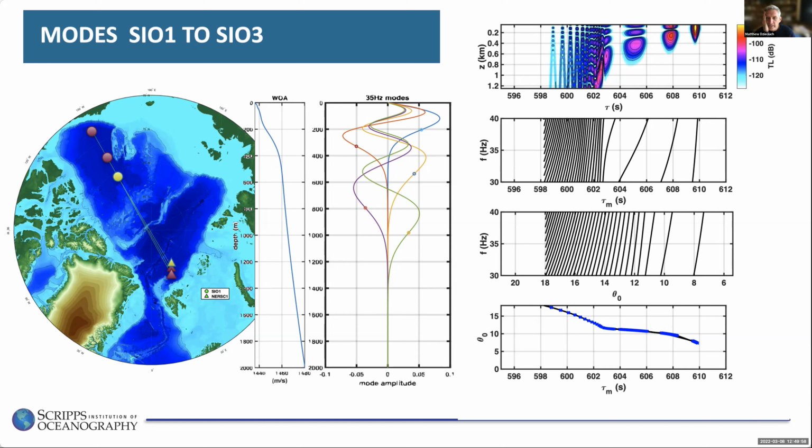The modes are standing waves in the vertical, but they propagate horizontally with a particular horizontal wave number. The middle 2 panels show how the travel time, which is related to the group speed of the mode, varies with frequency, and how the phase speed or arrival angle varies with frequency. When you put these two together, you get an arrival angle versus travel time plot.